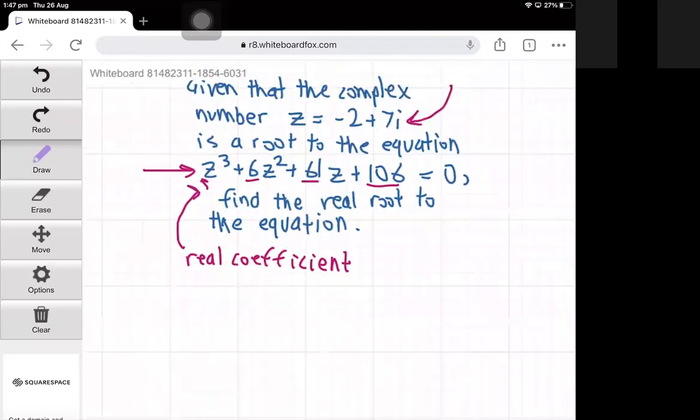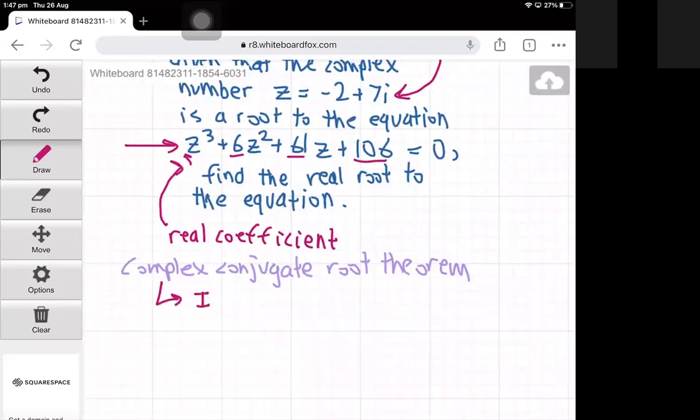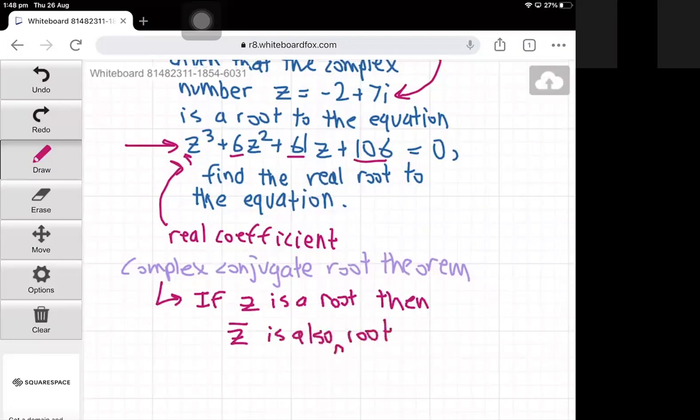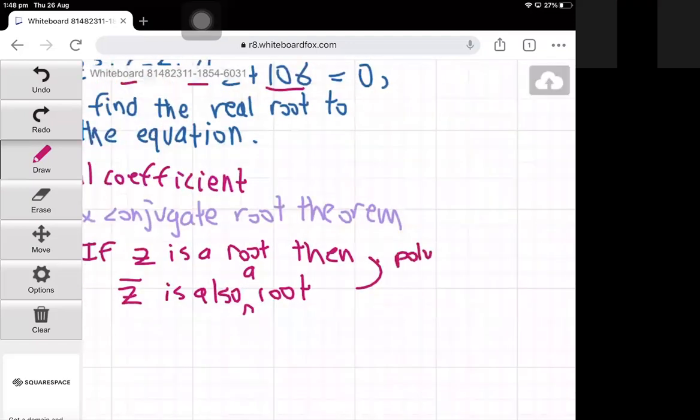What it turns out is we can use the complex conjugate root theorem. The complex conjugate root theorem says if z is a root, then the conjugate of z is also a root, where the polynomial must have real coefficients.